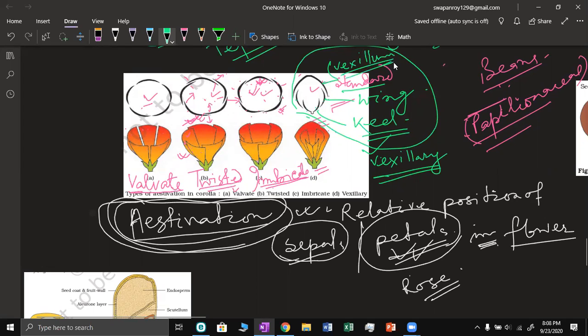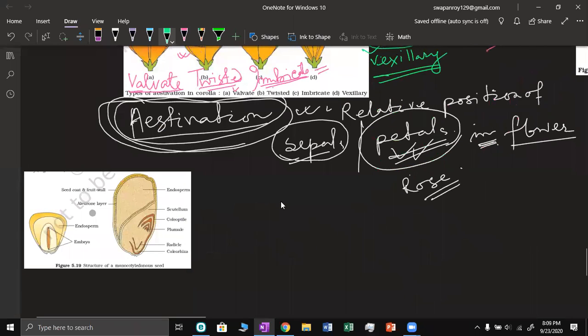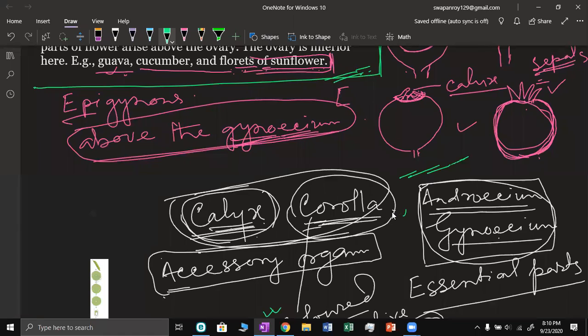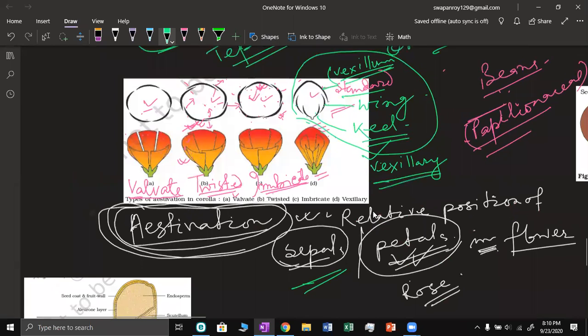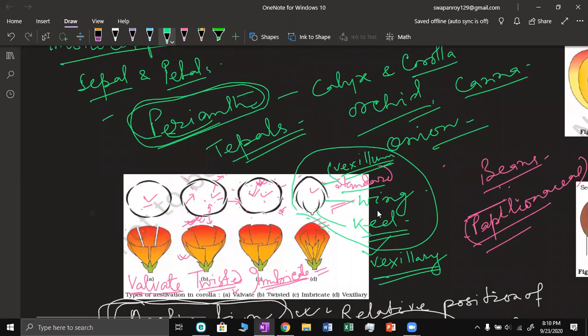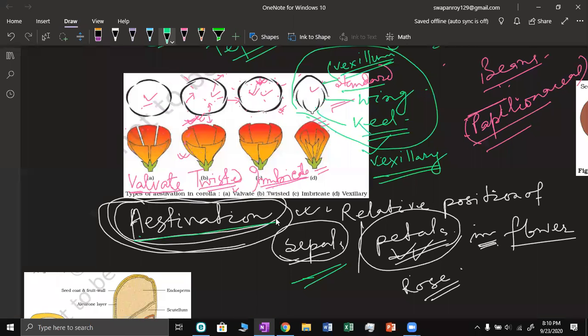Okay, so up to here today, and in the next class we will start the rest of the portion. Estivation is the relative arrangement of the sepals or petals in the whole.